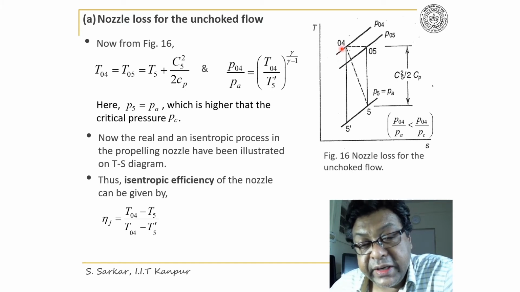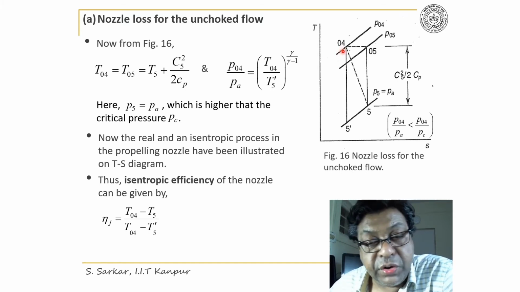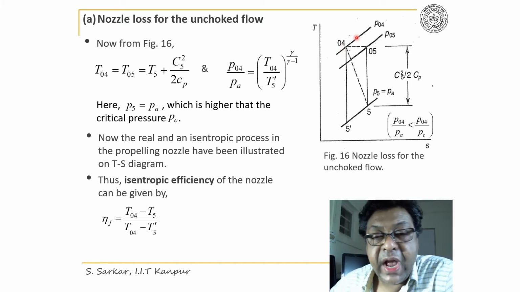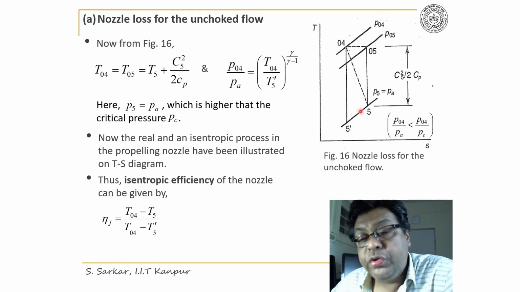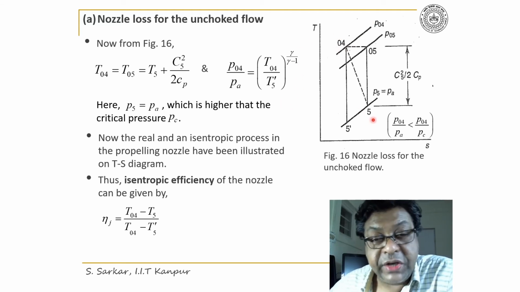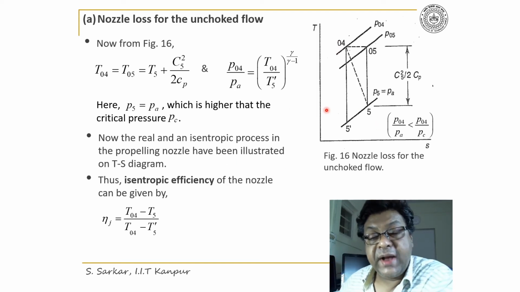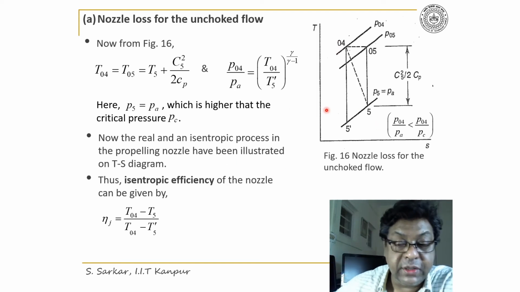So I have indicated here the state point 04 in the T-S diagram. And 04 to 5, which has been shown by the dotted line, is the actual expansion of gas occurring in the nozzle.